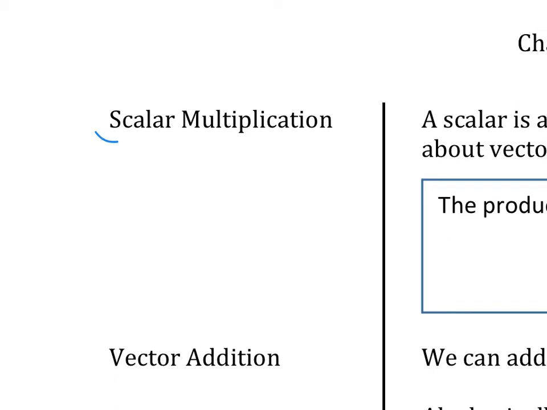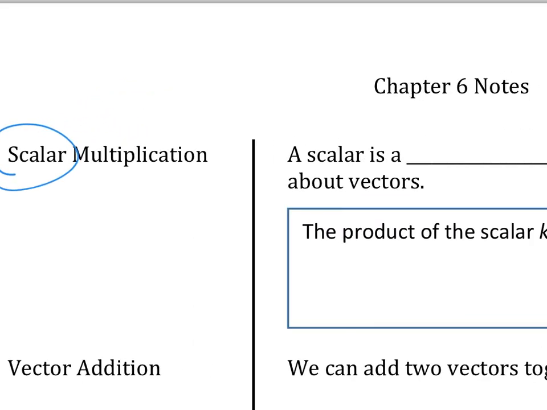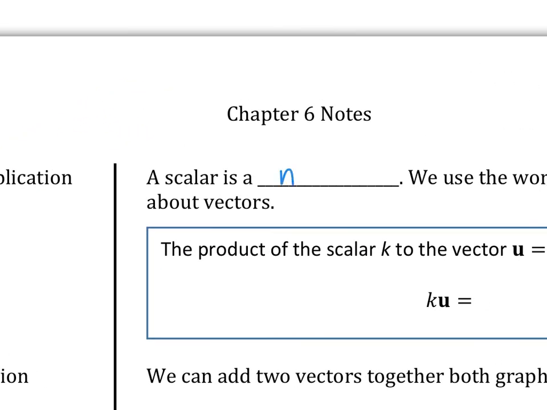Scalar. Do you remember what scalar means? Maybe not. We talked about it last year in the matrix chapter. Scalar just means number. So in matrix form and also in vector form, we don't say constant or coefficient. We call it scalar.